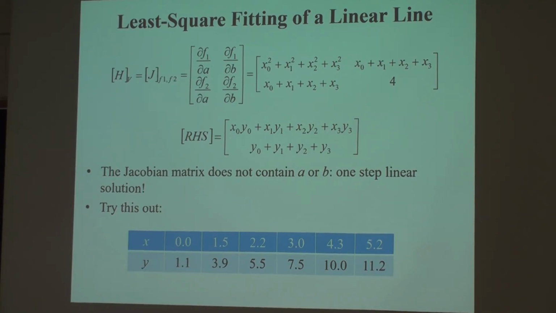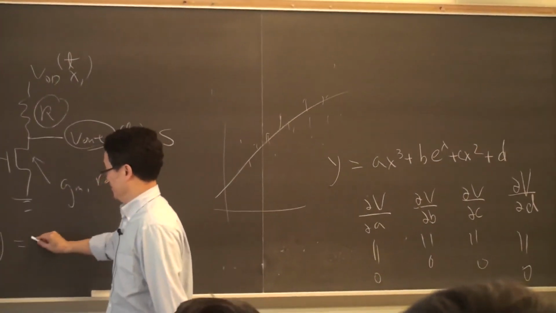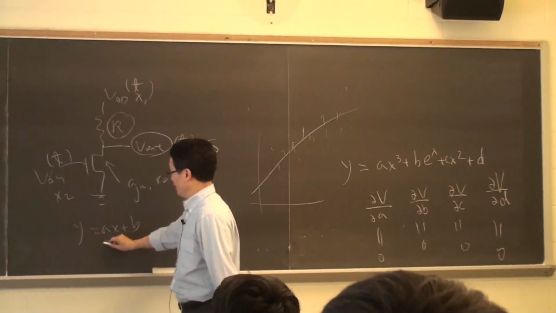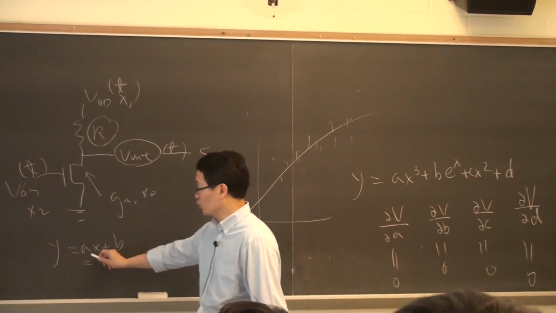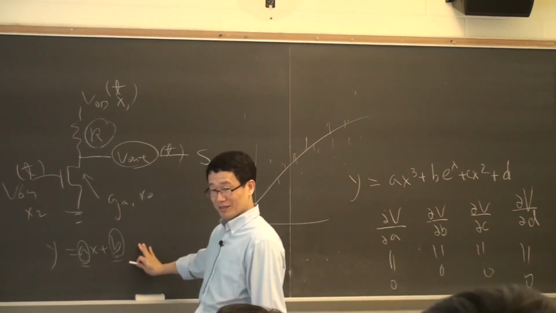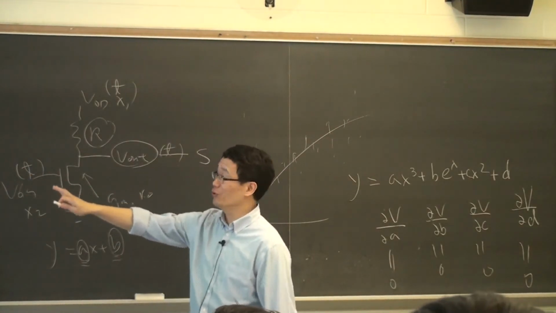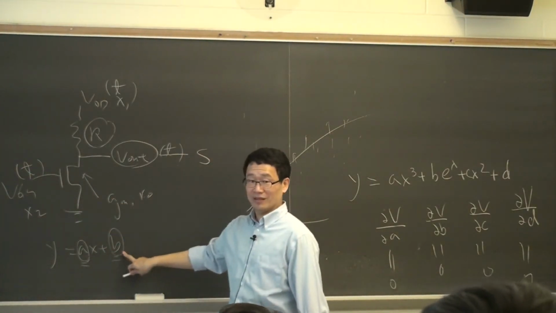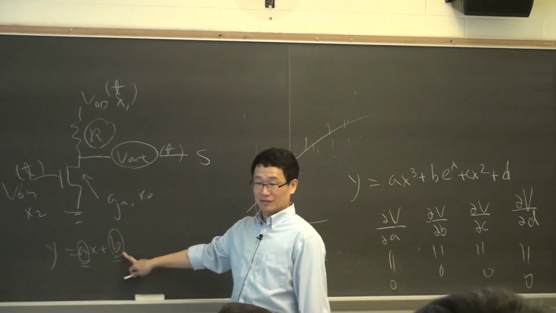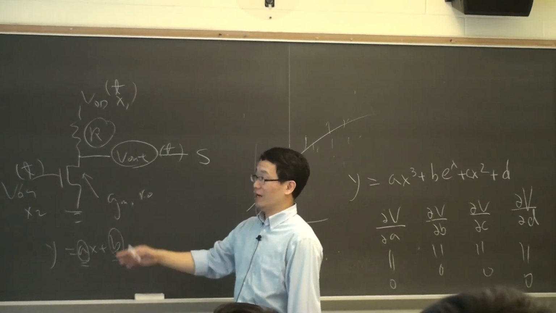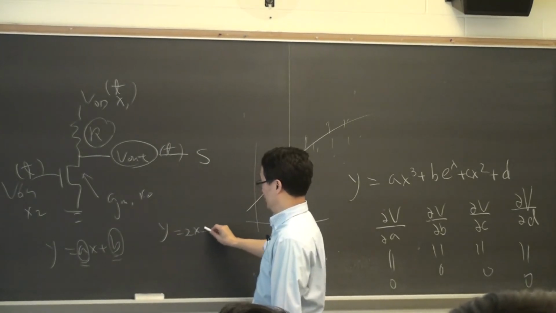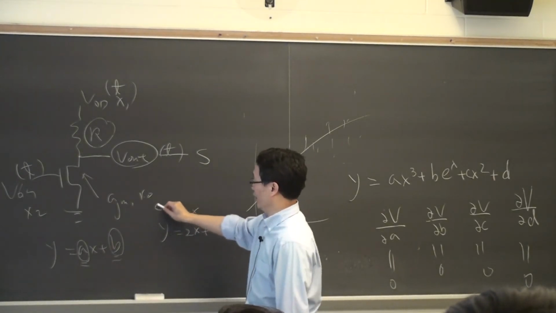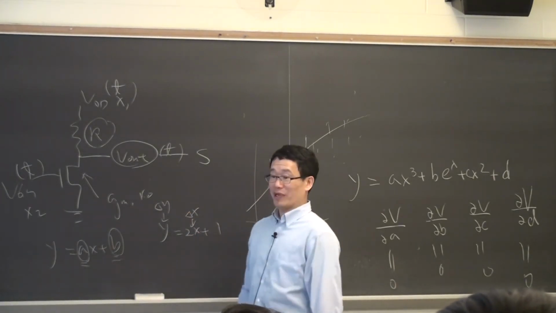You know this is y equal to ax plus b, but you don't know the values of a and b. This procedure will tell you how to solve for a and b, as in linear regression. I tell you how I generated the data: from these equations, and I inject noise to emulate reality.